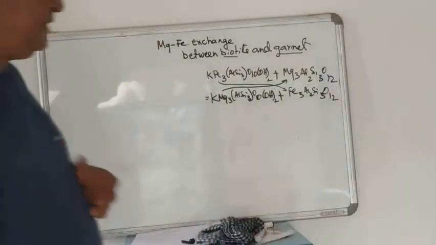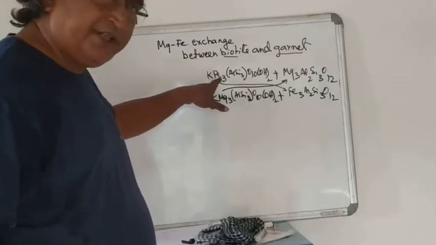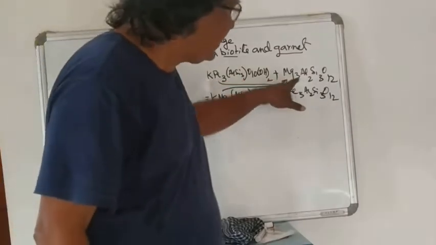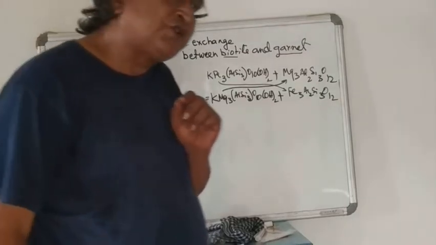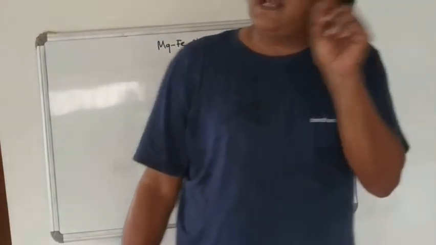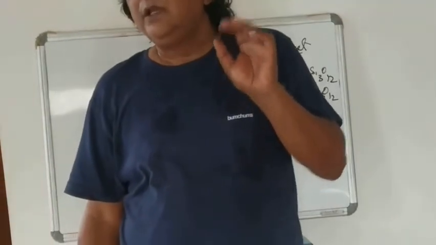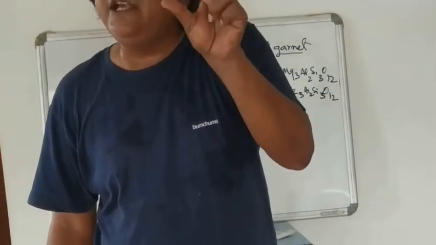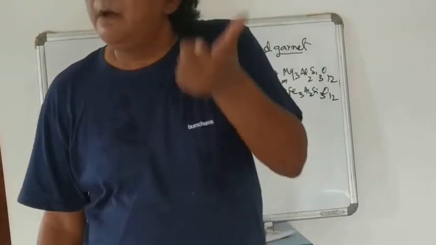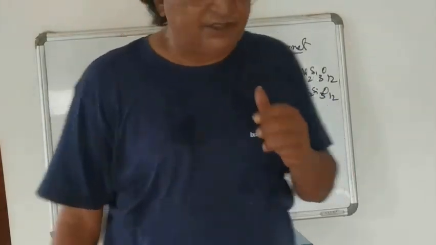Now, if there are 3 sites here in biotite, and there are 3 sites in garnet. Remember, in orthopyroxene, magnesium and iron that we were doing, they were partitioning between M1 and M2, both octahedral sites. But yet there was a size difference.